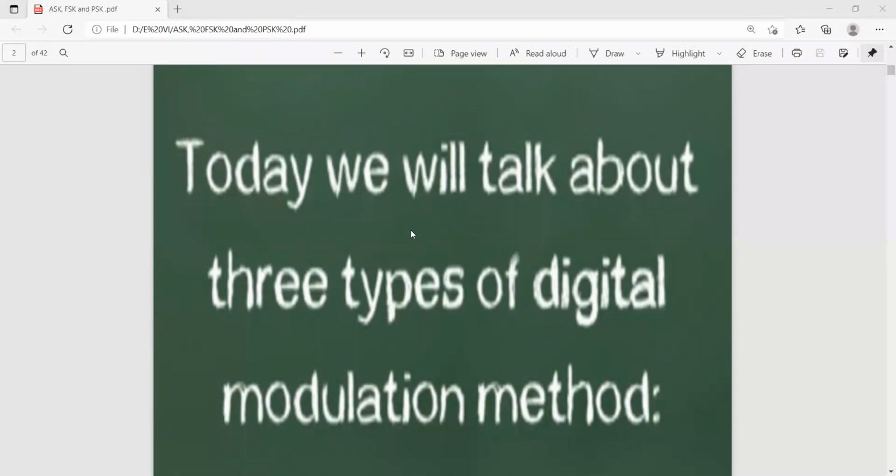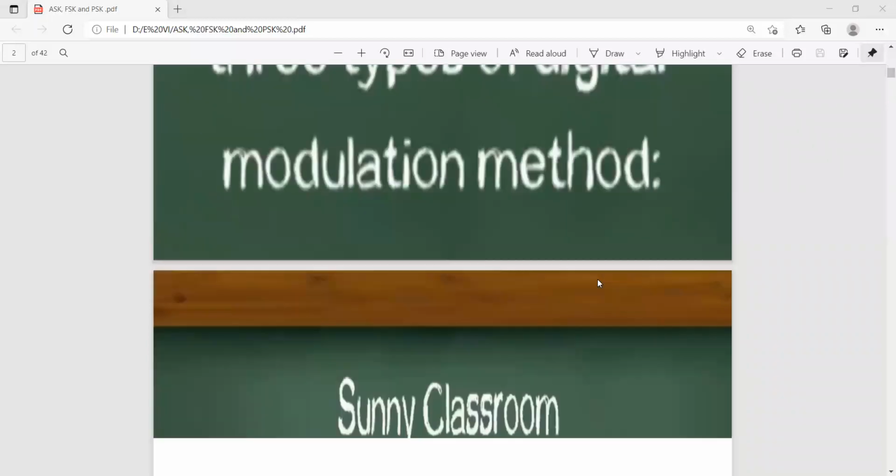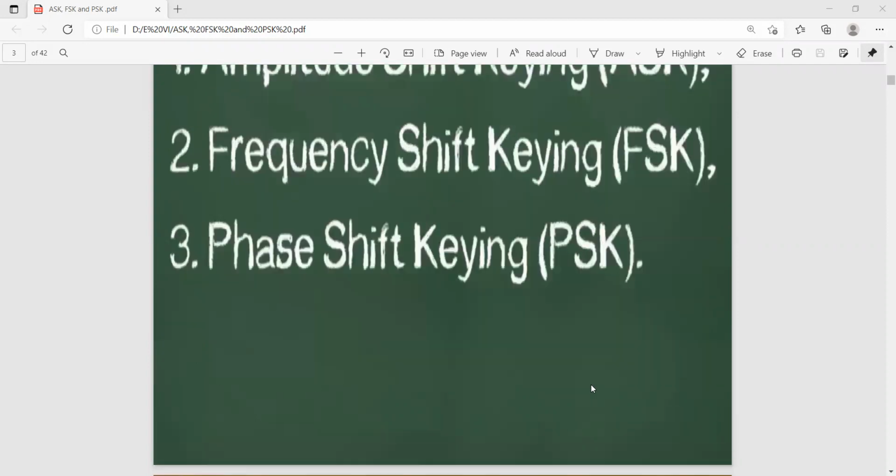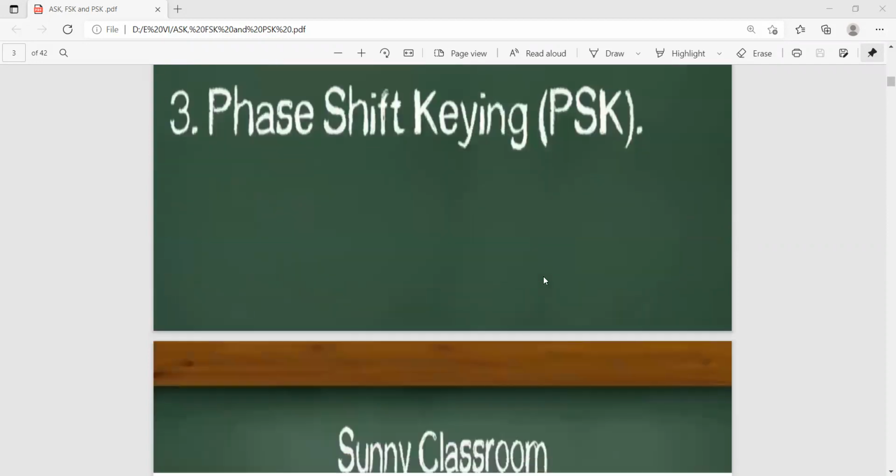So these three techniques, amplitude shift keying (ASK), frequency shift keying (FSK), and phase shift keying (PSK), are the digital modulation techniques.